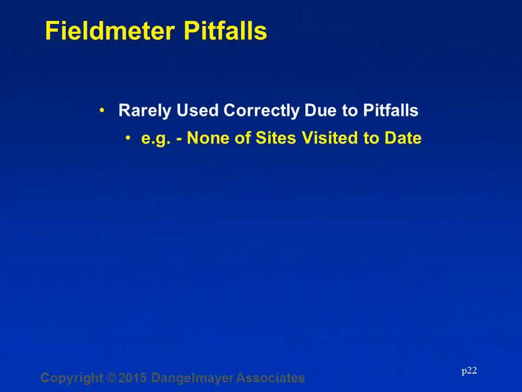Field meter pitfalls. We rarely see people using these meters correctly. In fact, none of the sites we have visited to date were using the meters correctly. Some were using them partially correctly, but none fully understood the pitfalls or the numerous ways you can get misleading results from the meter.